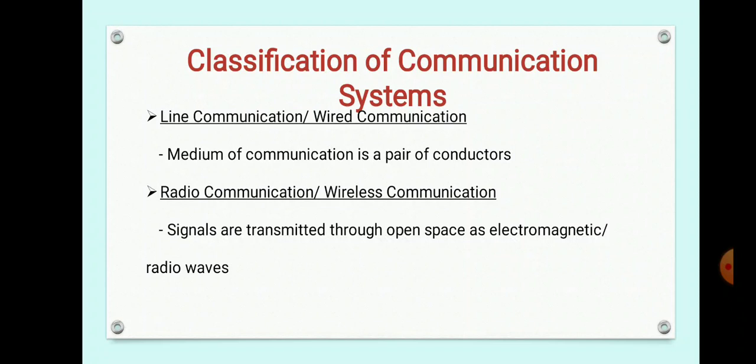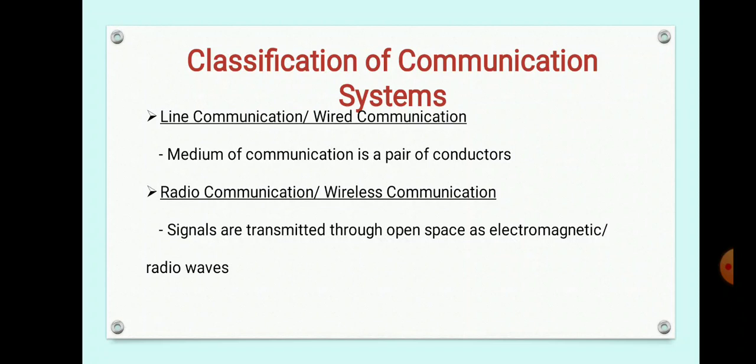So this line communication suffers from a lot of disadvantages. The main disadvantage is the lack of mobility. That means we cannot freely move our devices, which is physically limited by the length of the line connecting between the transmitter and the receiver.